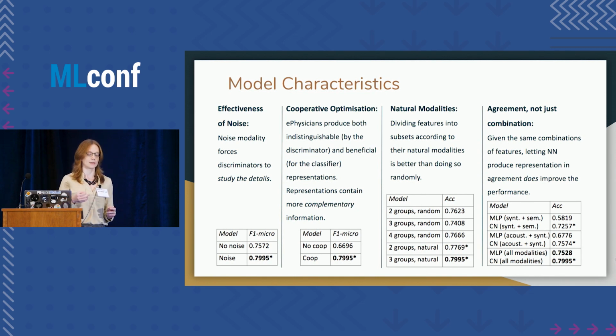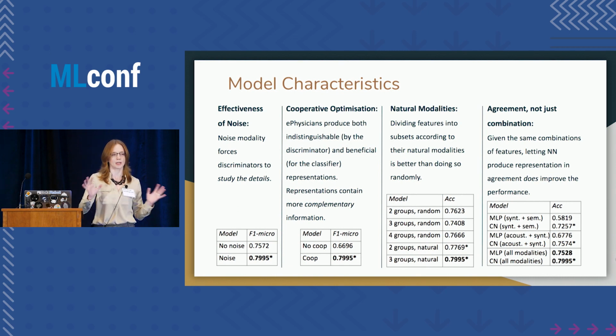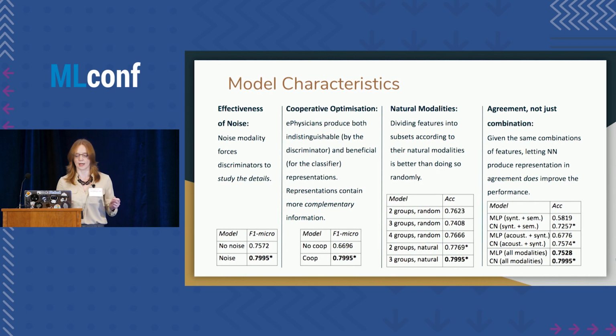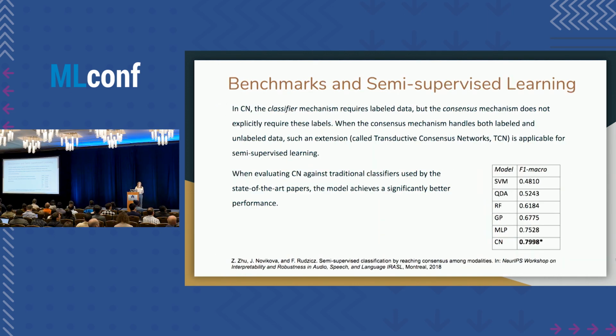Again, experimental results showed that when we use all the same features, but without this consensus network, just feeding all the features without any structure into a machine learning model, the performance is not as good as when we use a consensus network and actually look for an agreement between all those modalities. You can see the results on the screen as well.